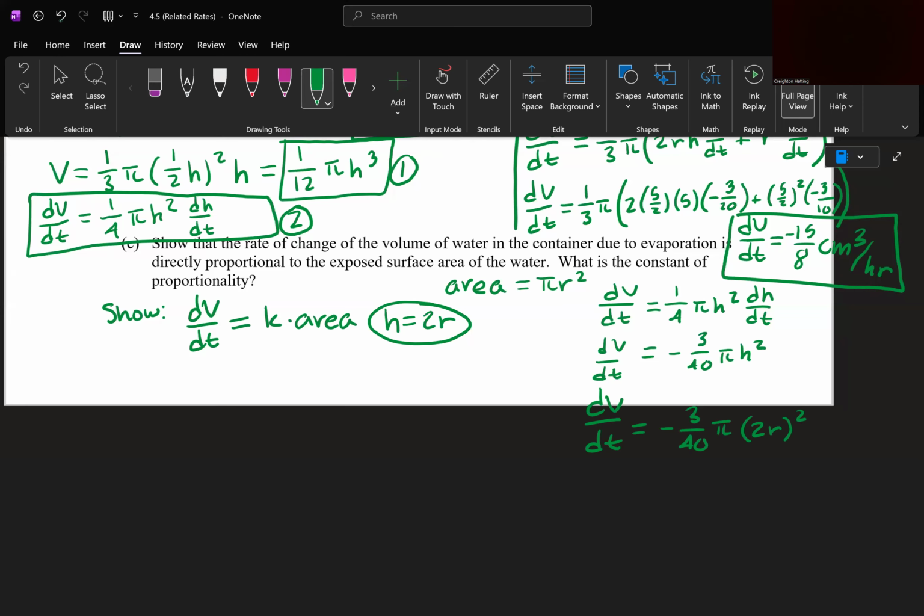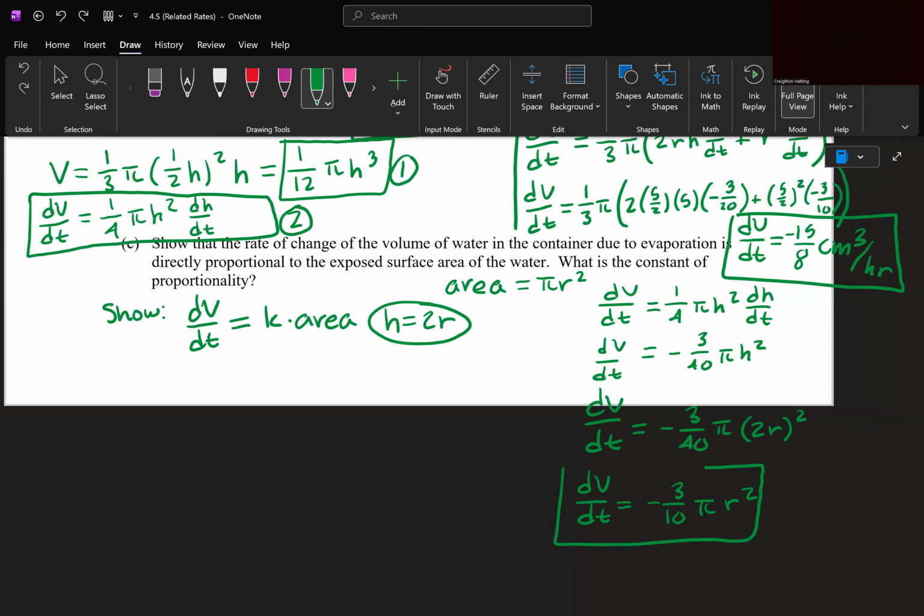See if you can finish out the problem on your own, but dV/dt is going to equal negative 3/10 pi r squared. Notice that we have pi r squared right there. So that is the area of your circle. So we have already done all of the show work.